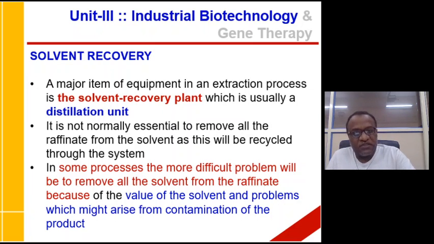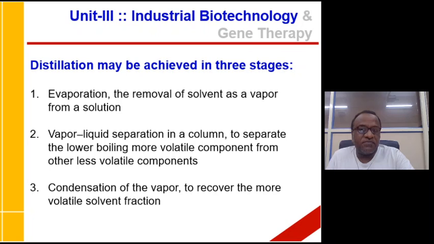So some processes will require removing all the solvent from the raffinate, because the solvent might be too expensive, so you cannot afford to lose the solvent, because essentially you are using the solvent in a larger quantity. And second, the solvent might be a contaminating issue in the recovery and purification of the product.